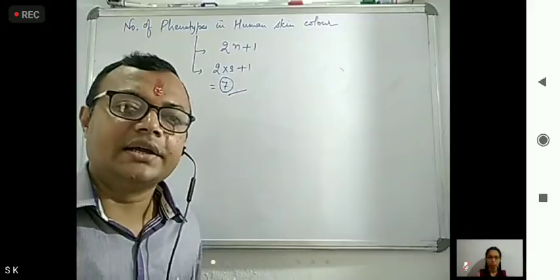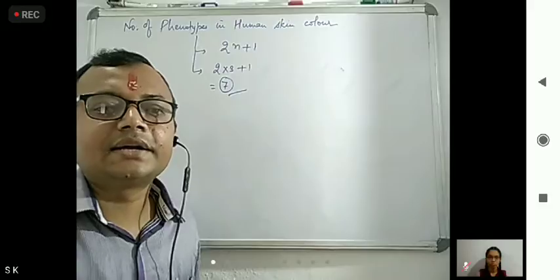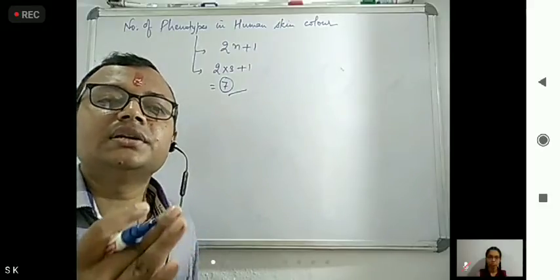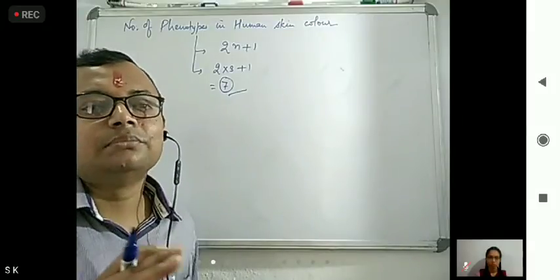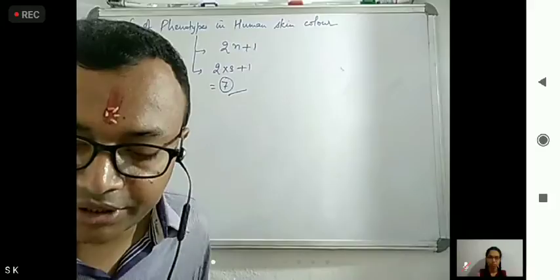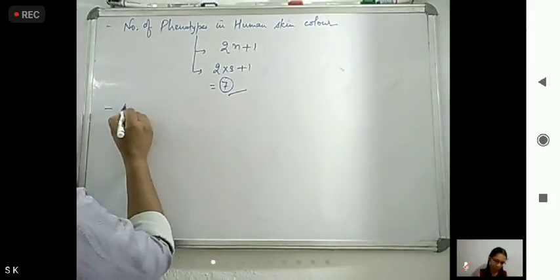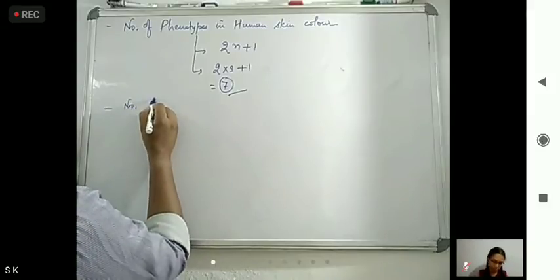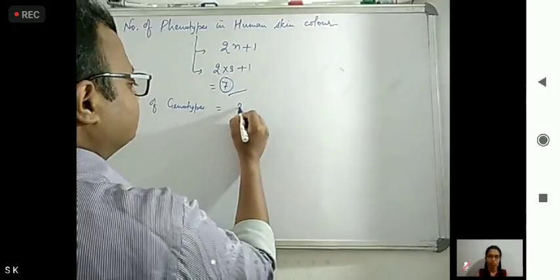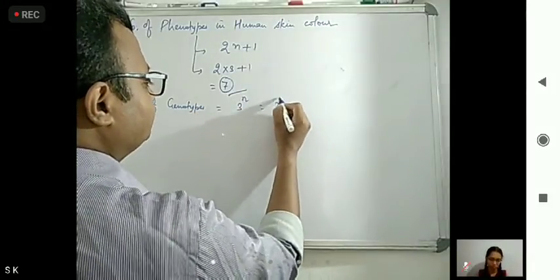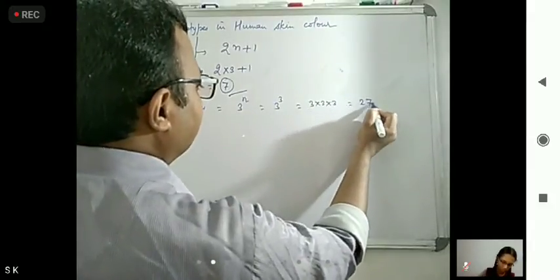And we know that if all these three genes are present, high melanin will be produced, and high melanin means blackish. Now the number of genotypes will be 3 to the power n, so 3 to the power 3, 3 into 3 into 3, which is 27.